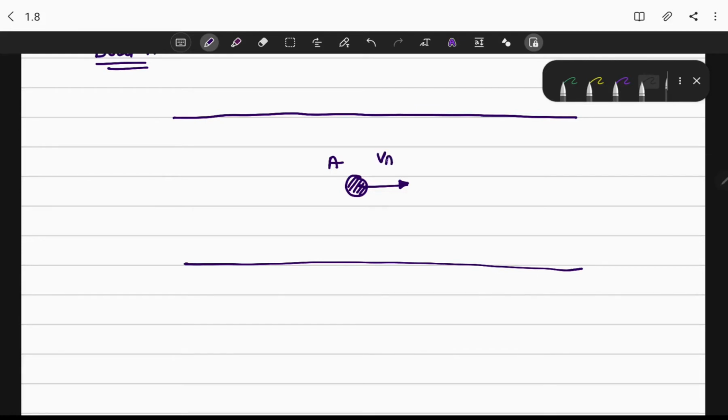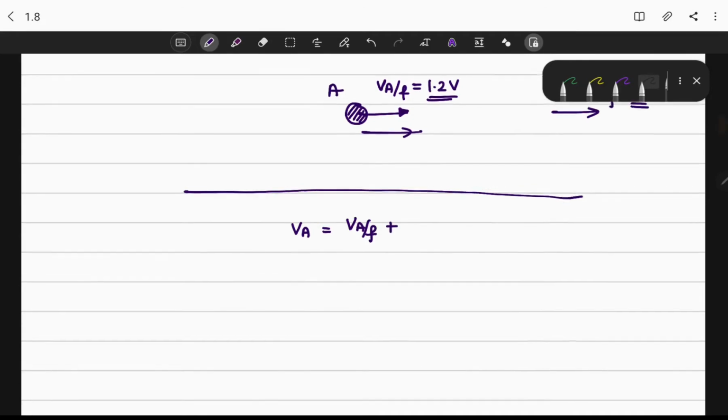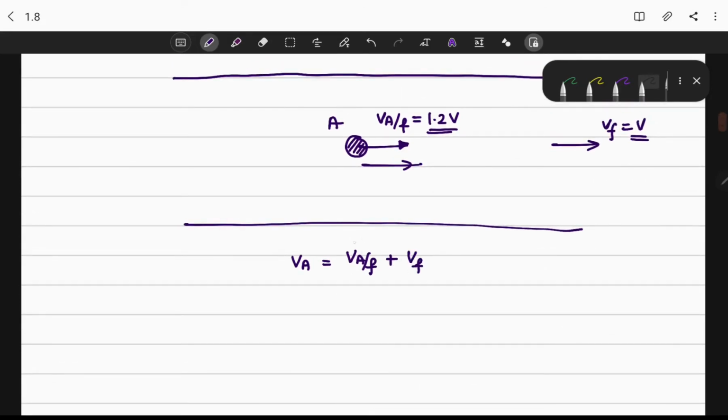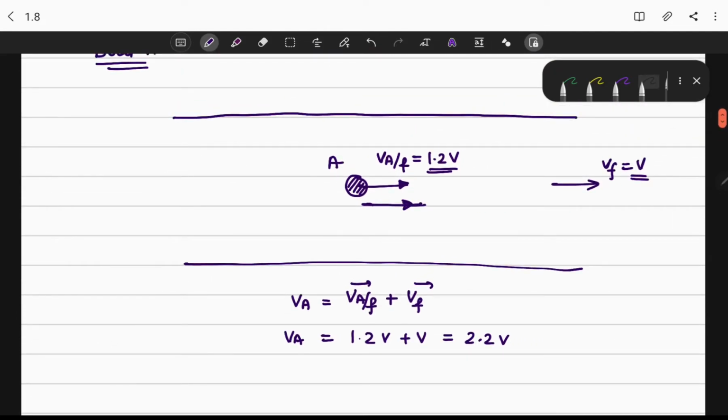The velocity of A with respect to the flow is given as 1.2 V, and the flow velocity is Vf equal to V. As it is moving in the direction of the flow, both have the same direction, so to find the net velocity of A we can simply add the magnitude of the relative velocity and the velocity of the flow: 1.2 V plus V is equal to 2.2 V. This is the net velocity of A when it is moving in the flow direction.